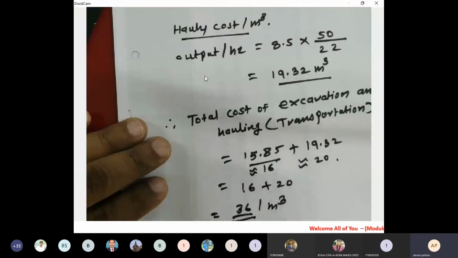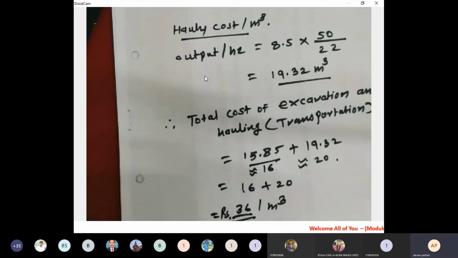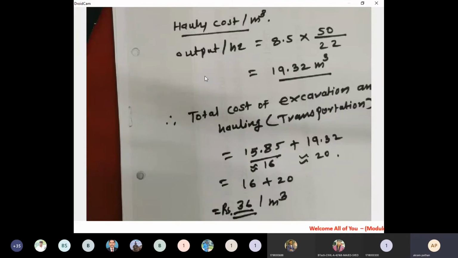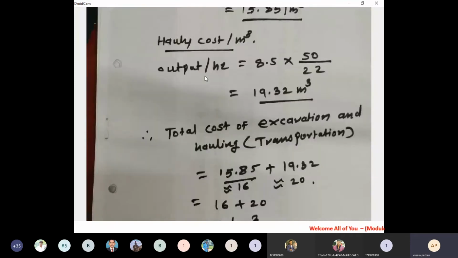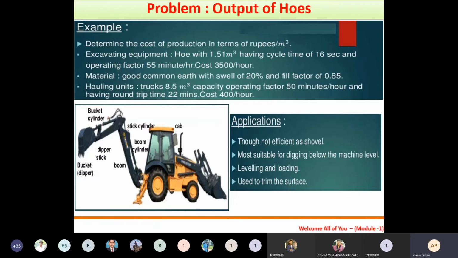So we require 36 rupees per meter cube, the cost of excavation and hauling. So in this way, we have calculated the cost of production in terms of rupees per meter cube.